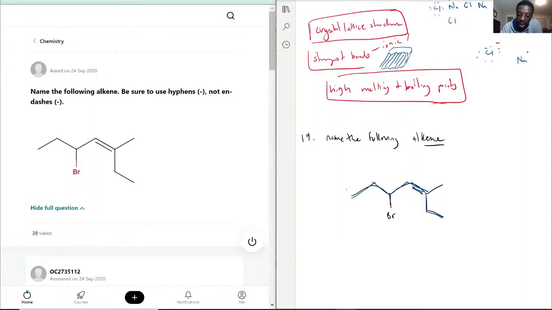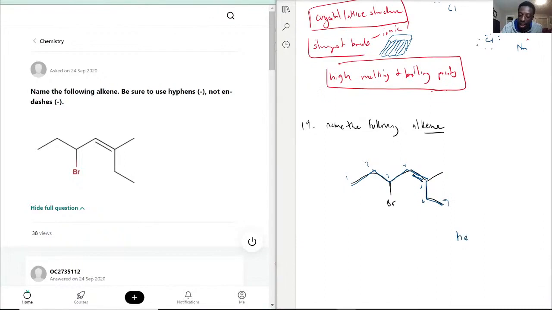Actually, whoops, I definitely miscounted. Let me go 1, 2, 3, 4, 5, 6, 7. Okay, perfect. So 7. Because we have 7 as our longest chain, we know that the ending would have to be hept, because hept means 7. So at least we have that part named.